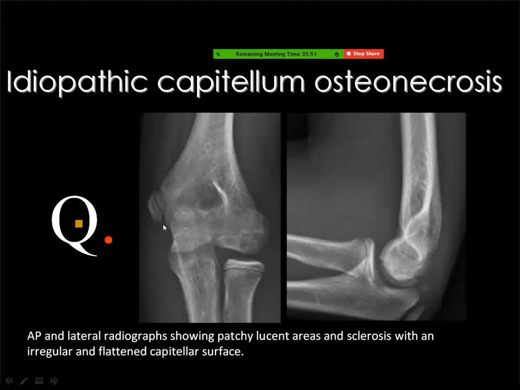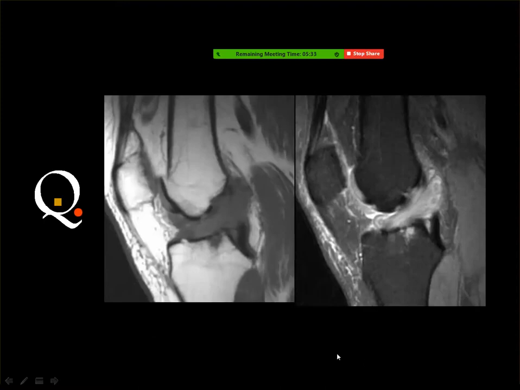One which affects most of the distal part of the humerus, and this one which is located only in the capitulum, and this is known as idiopathic capitulum osteonecrosis. This is a self-limiting disease and can heal spontaneously with some physical therapy.